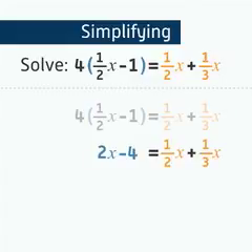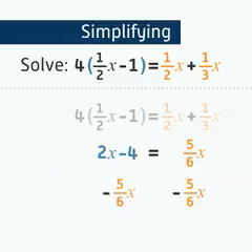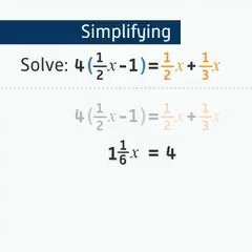Adding the fractions needs a common denominator of 6, so you do 3/6 and add 2/6, which is 5/6. You now want to lose the 5/6 x, so subtract it from both sides. You also want to move the 4, so add it to both sides. This gives 1 1/6 x equals 4.